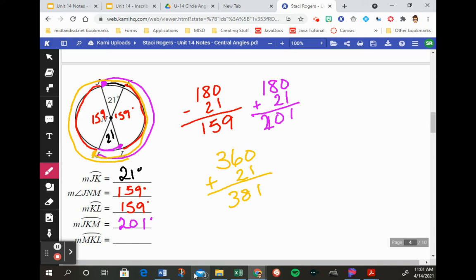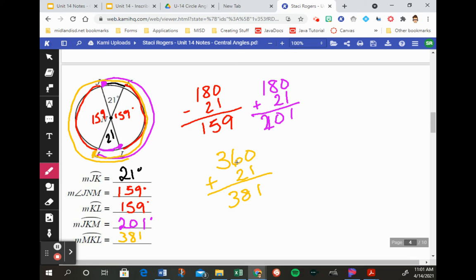MKL. Am I right? The answer key says I'm wrong. It says 339. M to K all the way around to L. I'm going to go with 381. I'll figure it out later if I'm wrong.